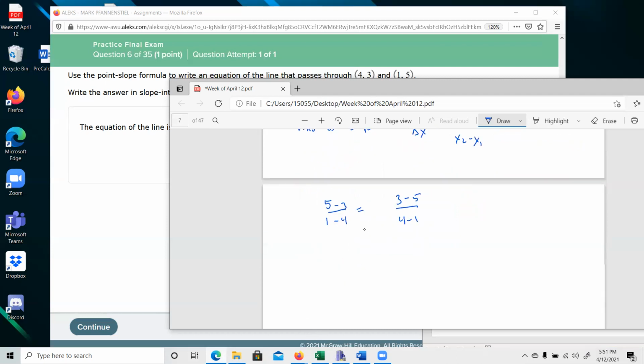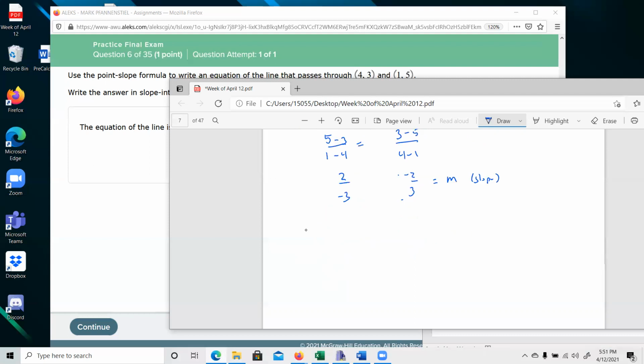Either way, we're getting a 2 on the top and a minus 3 on the bottom. In this case, we're getting a minus 2 on the top, a positive 3 on the bottom. So our slope is negative 2/3. Doesn't matter if you put the negative upstairs, downstairs, or in the middle. So that's my m, that's my slope. Now, the way I would love to see you solve this problem next is to do something like this.